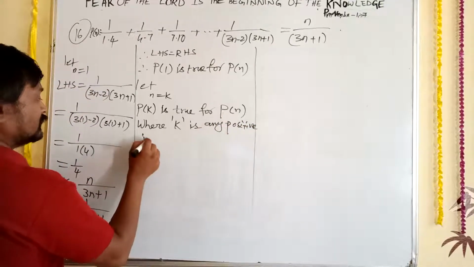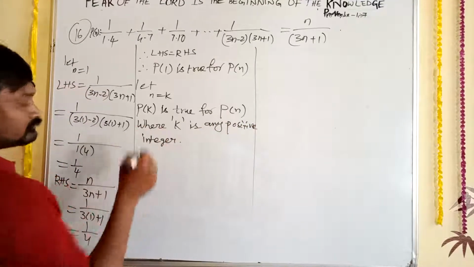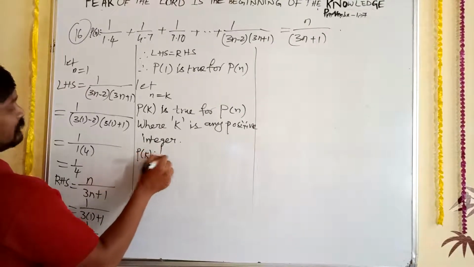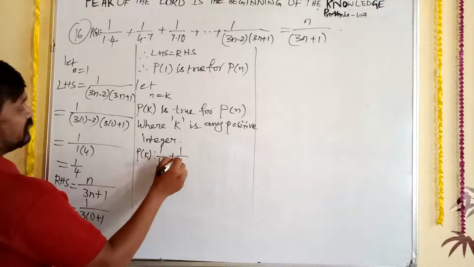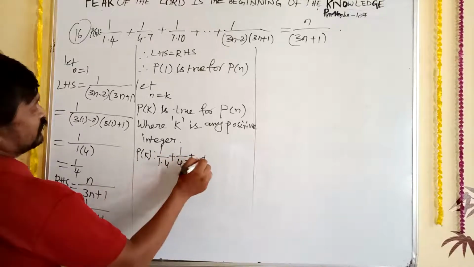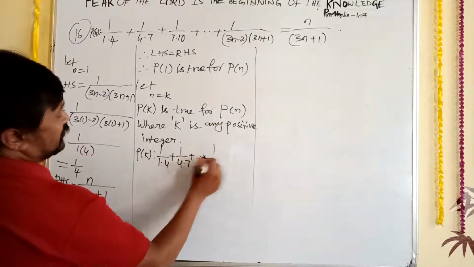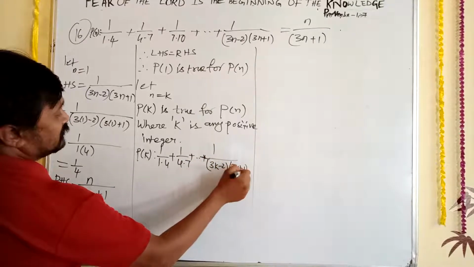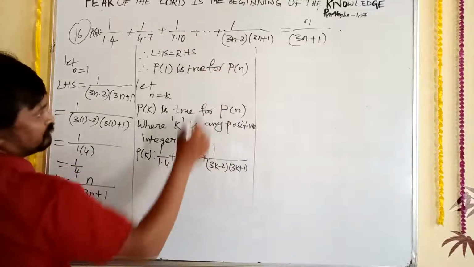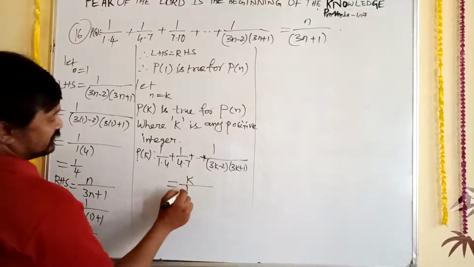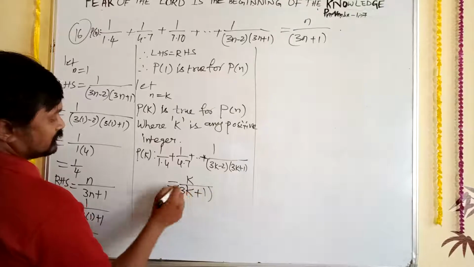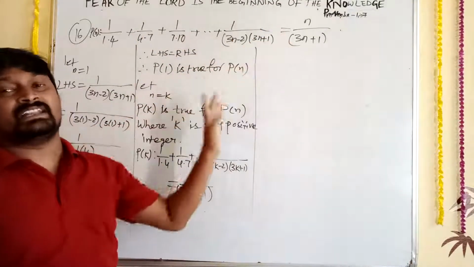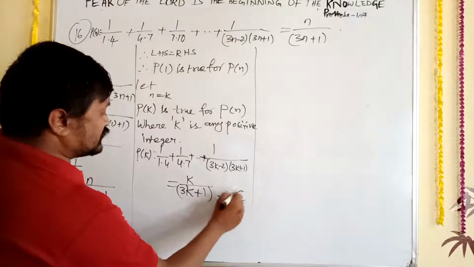So P of k is such that 1 upon 1 into 4 plus 1 upon 4 into 7 plus and so on plus 1 upon (3k minus 2)(3k plus 1), that is equal to k upon 3k plus 1. Simply, wherever n is there, I substituted k. That is equation number 2.